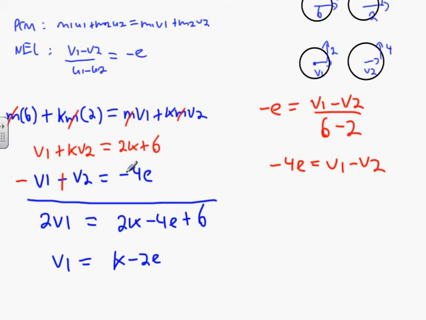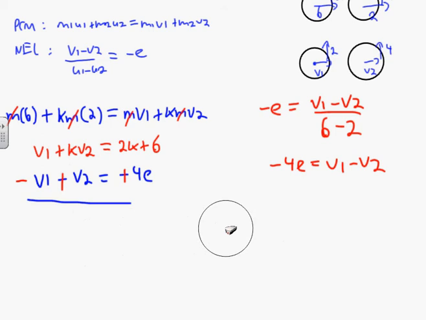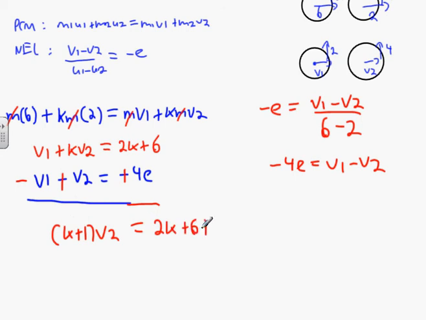Does that make sense? The V1s are going to cancel now. So I'm going to get K plus 1 V2, since KV2 plus V2 is K plus 1 V2, and that'll equal 2K plus 6 plus 4E.